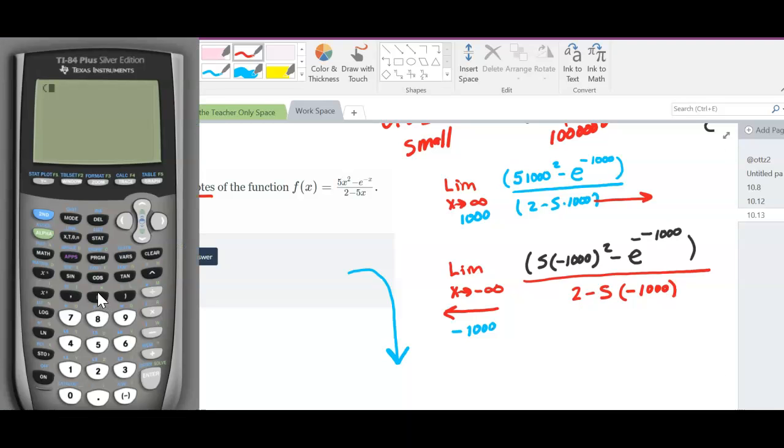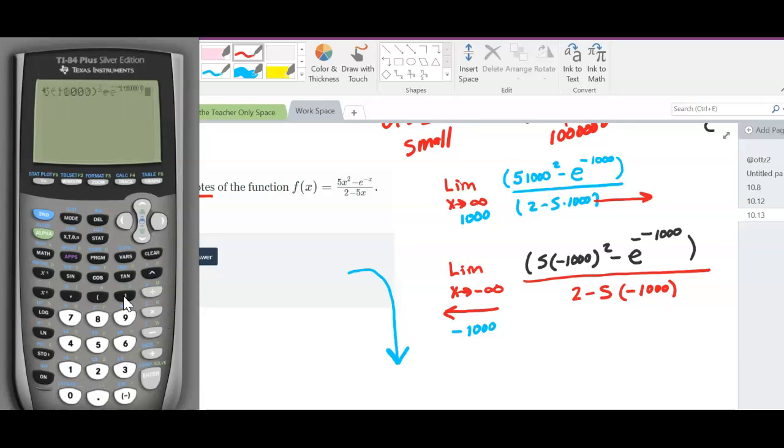So this time I'm going to plug it in my calculator again. 5 parentheses negative 1000, close my parentheses, square it, minus e. Well, now I have 2 sets of negatives, negative and negative 1000.